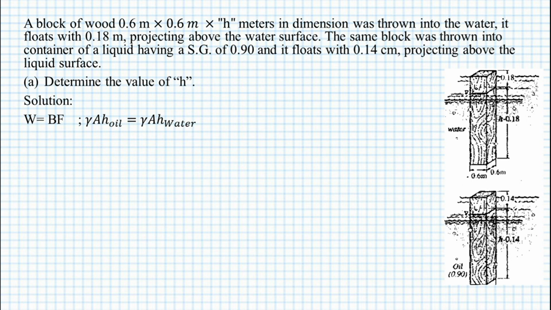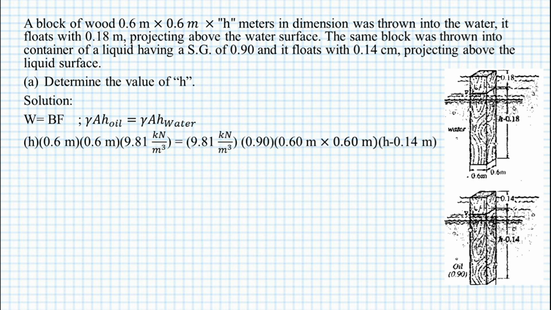With the same formula, the unit weight multiplied by area multiplied by height for the oil equals the unit weight of water multiplied by area multiplied by its height.